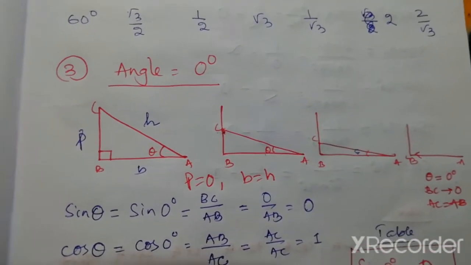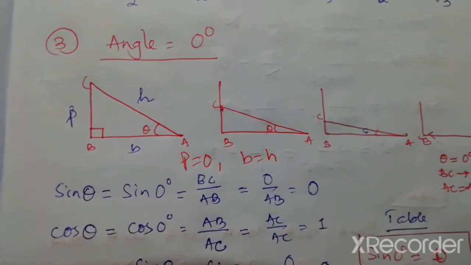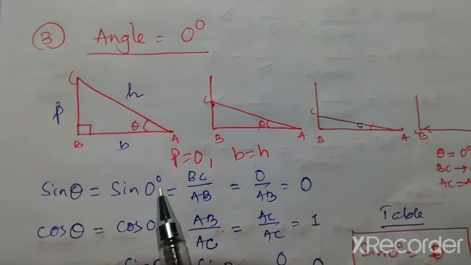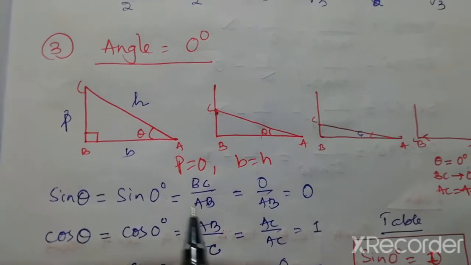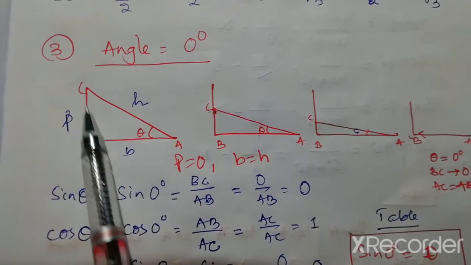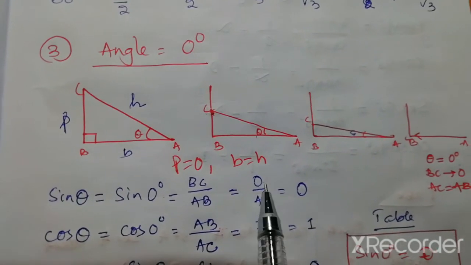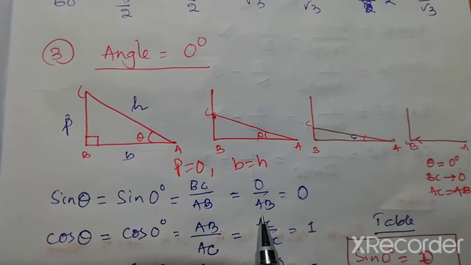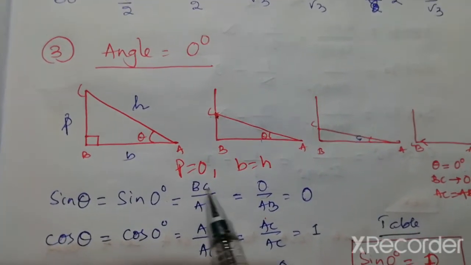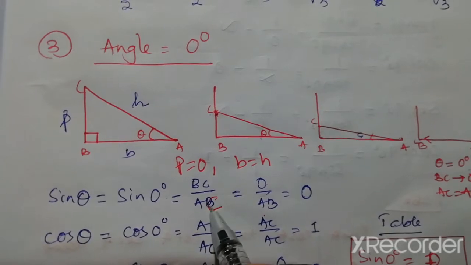Then look, sin theta, that means sin 0 degree, theta is 0. Sin 0 means P by H. P means BC. Here BC is 0. 0 by AB is, here not AB, here AC.